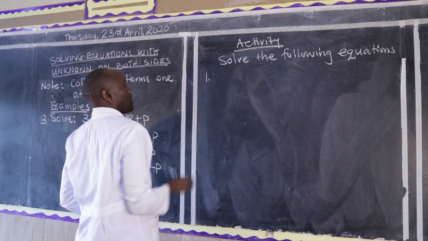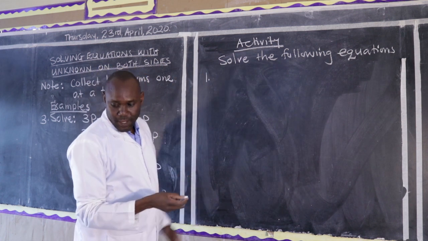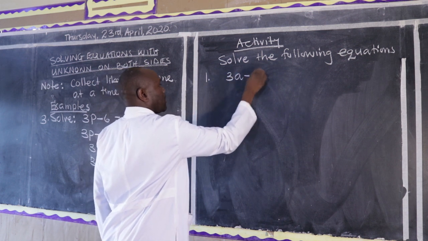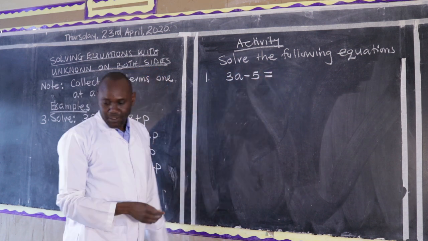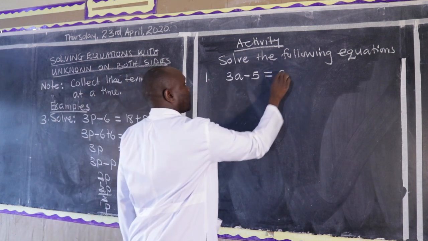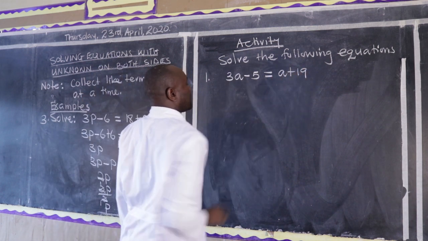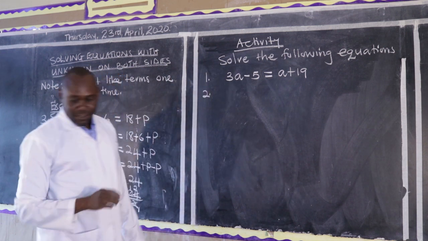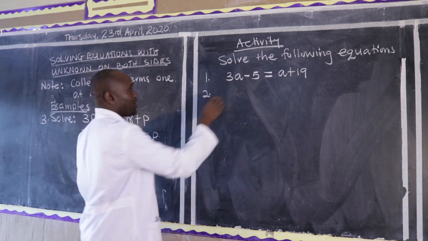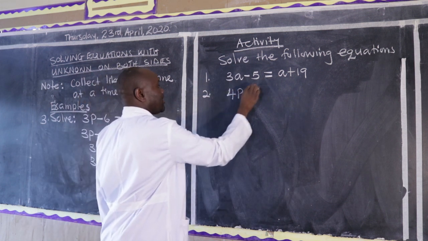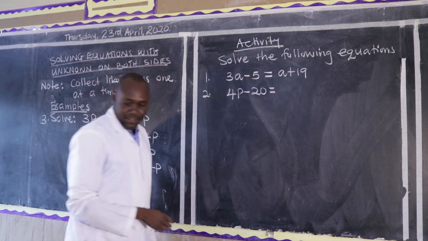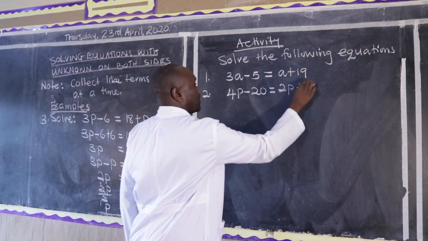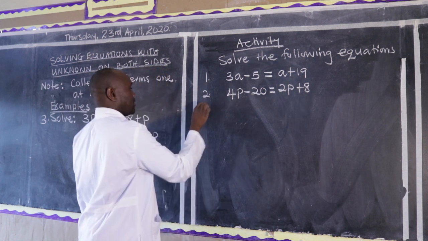Our equation number 1, we have 3a minus 5, which will give us a plus 19. Our example number 2, let me hope that you are busy in your sitting rooms there, equals 2p plus 8.